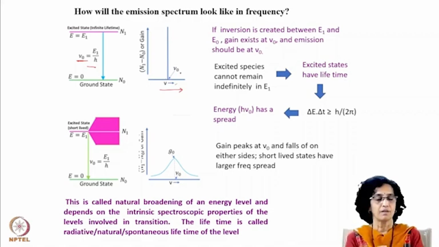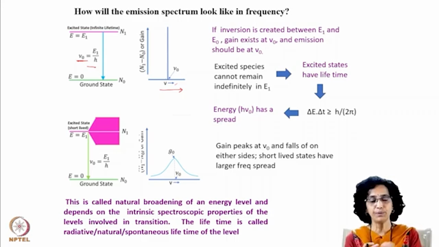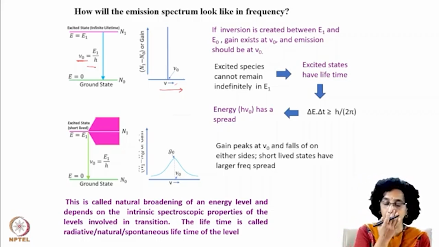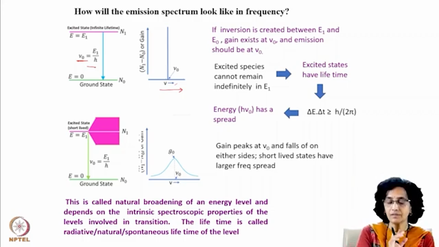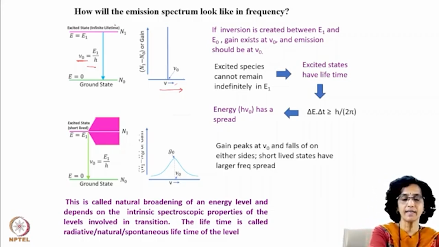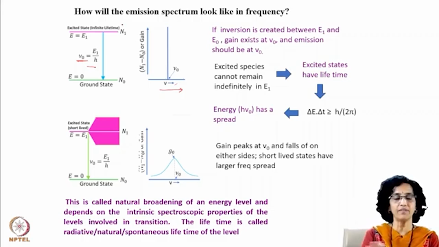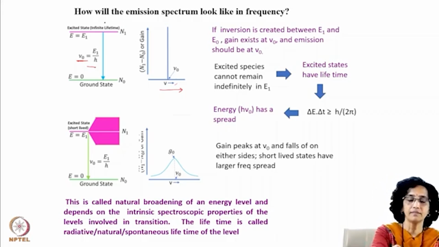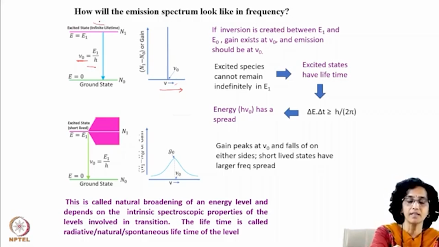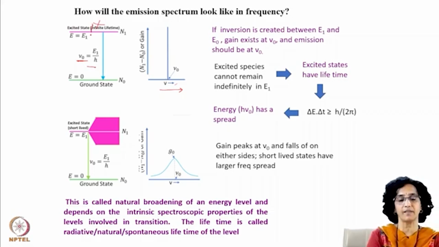But is it possible? Do you really get a single frequency emission when you have created inversion between E1 and E0? No. Why is it so? It is because this excited state does not have infinite lifetime. In fact, it has only finite lifetime.